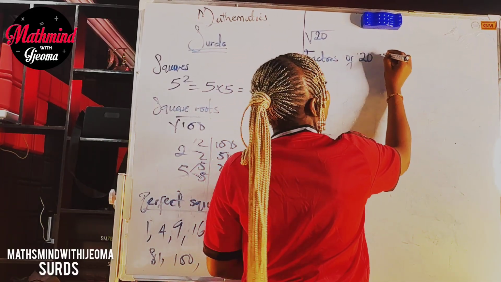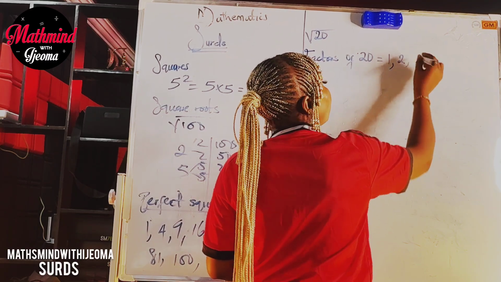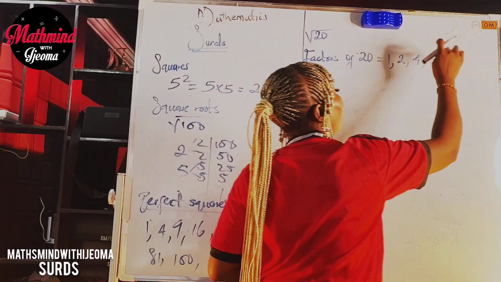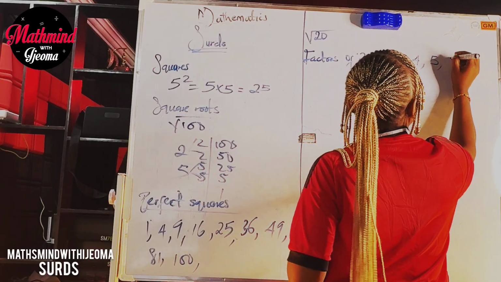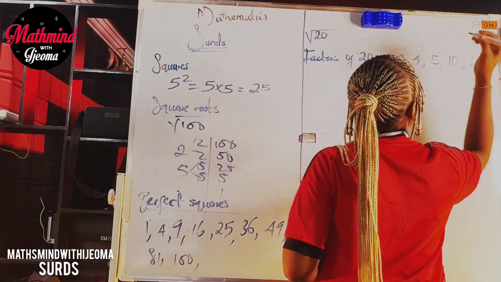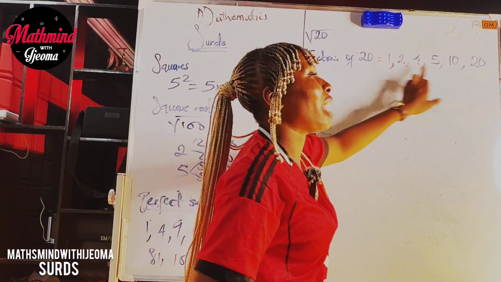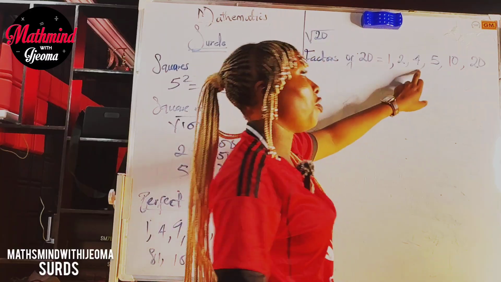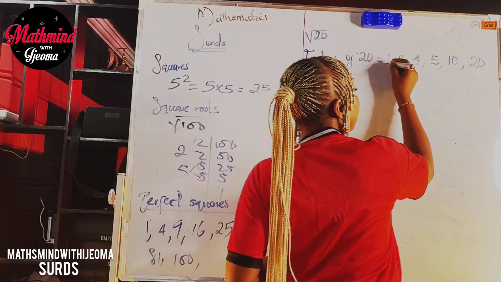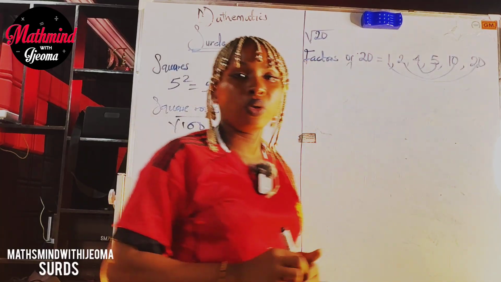We have 1, 2, 4, 5, 10 and 20. 1 times 20 is 20, 2 times 10 is 20, 4 times 5 is 20. That's how to check if you're correct. You take them end to end, and they will give you the product.